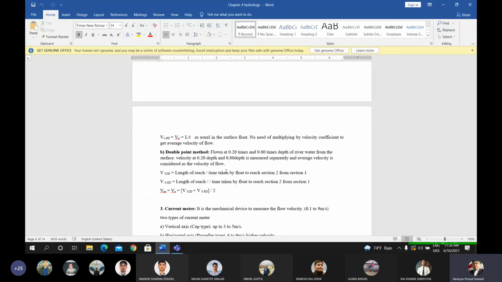That measured velocity will be the actual or average velocity of the flow. For single point, 0.6 times depth is considered. For double point, 0.2 depth as well as 0.8 times depth of flow is considered. At that level, the subsurface float flows. This is the double point method.